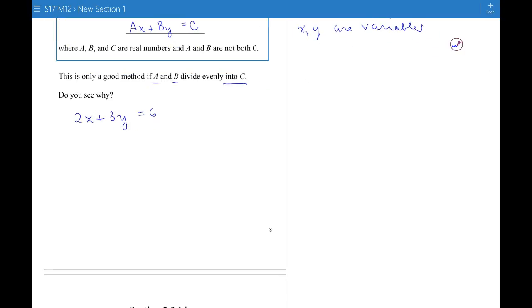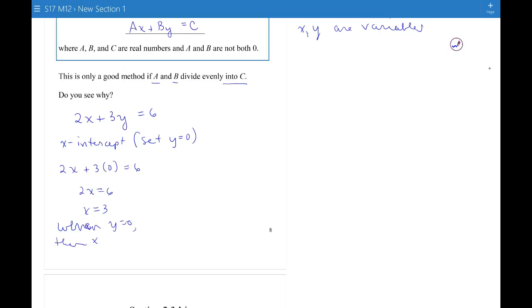So what this method says to do is find any x-intercept, and remember from the previous section, we do that by setting y equal to 0. So we say 2x plus 3 times 0 is 6. So when y equals 0, then x equals 3.